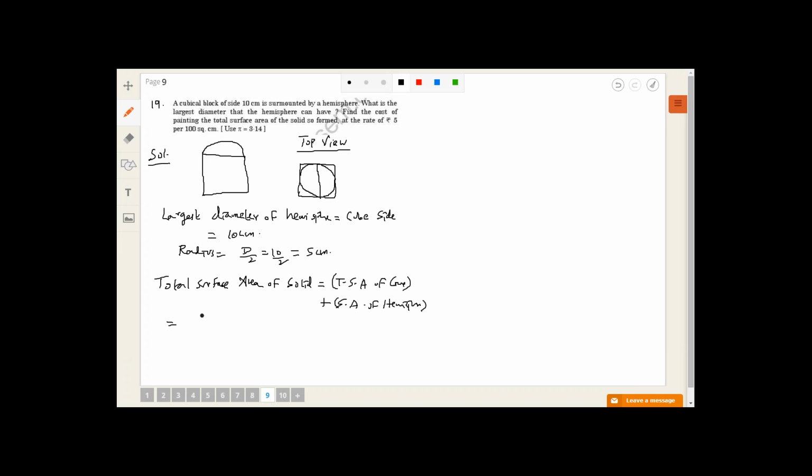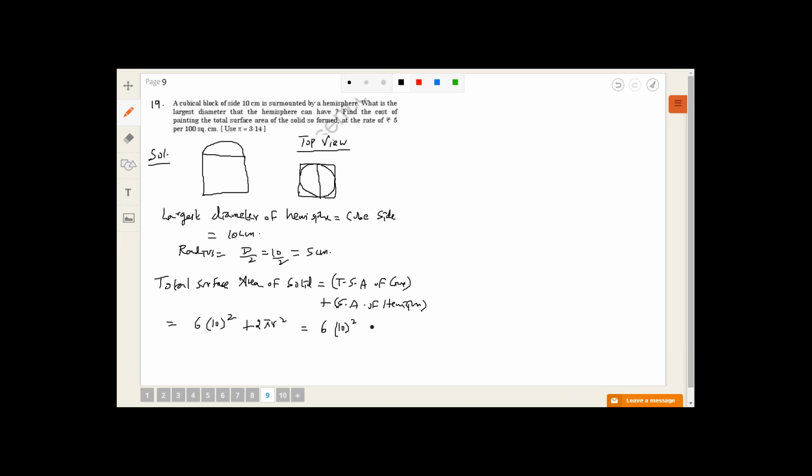So TSA of the cube is nothing but 6a square, but a is given as 10 centimeters, so it will be 6 into 10 square, plus surface area of the hemisphere, which will be 2 pi r square.